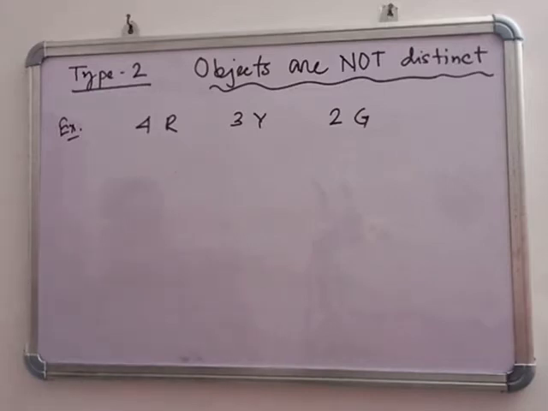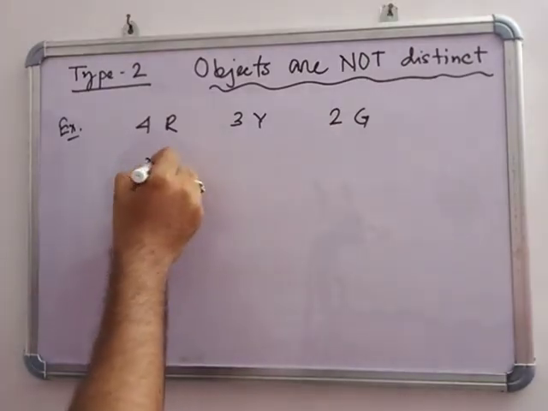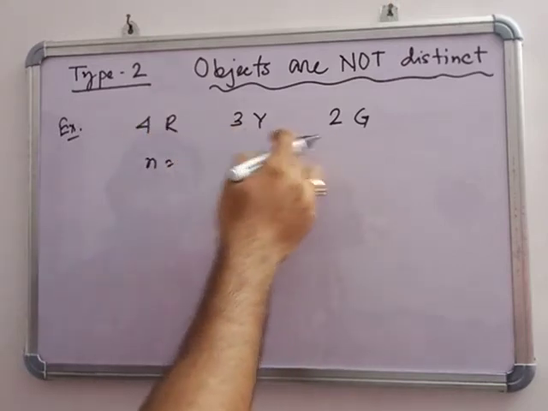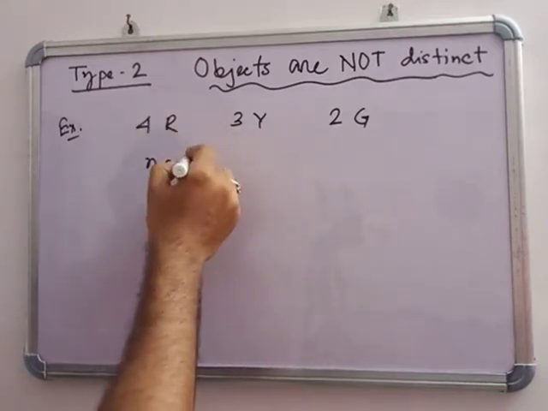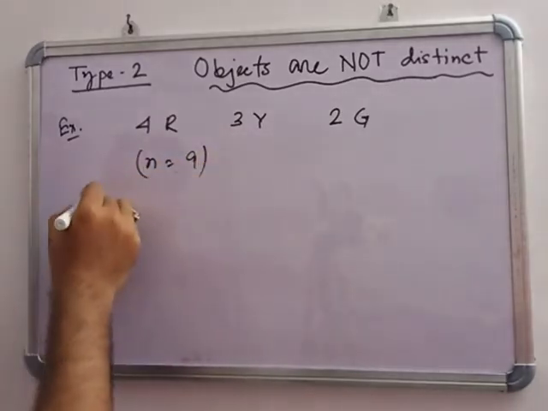That means how many red are there? 4. How many yellow are there? 3. How many green are there? 2. So the total is 4 plus 3 plus 2, that is 9.